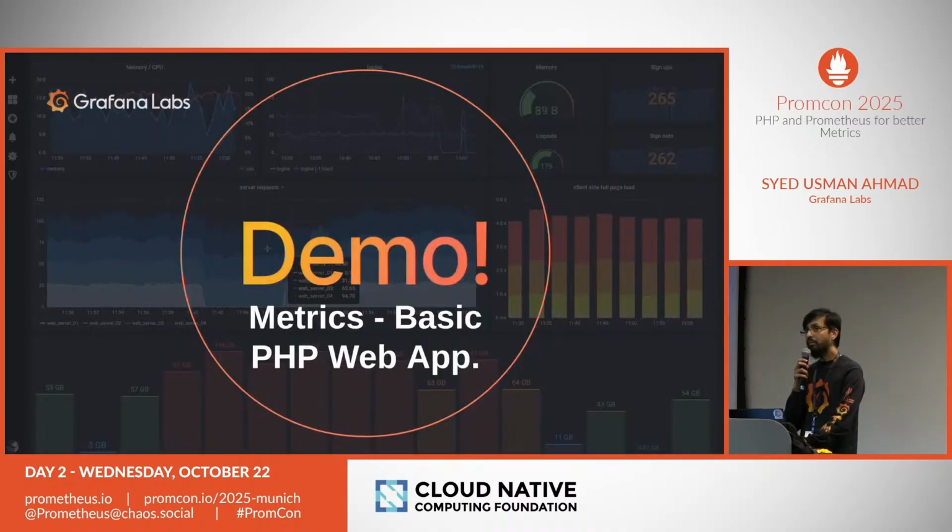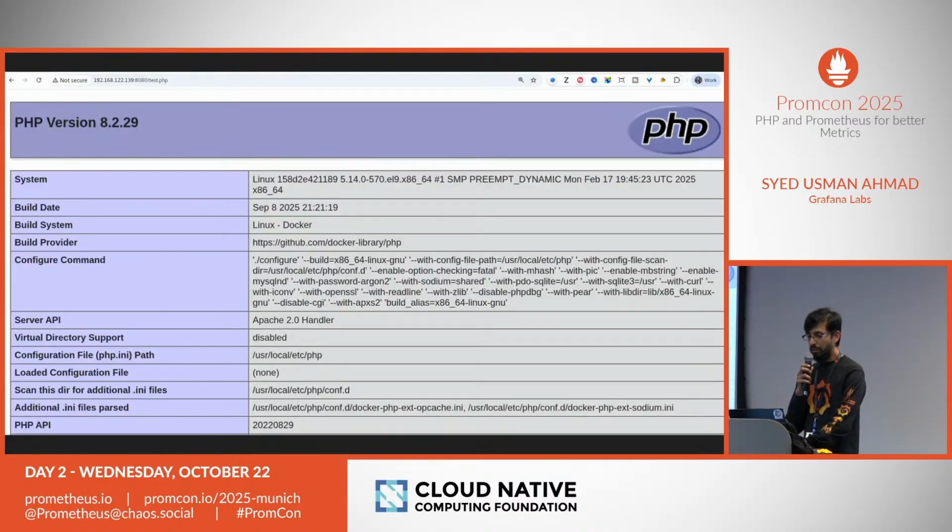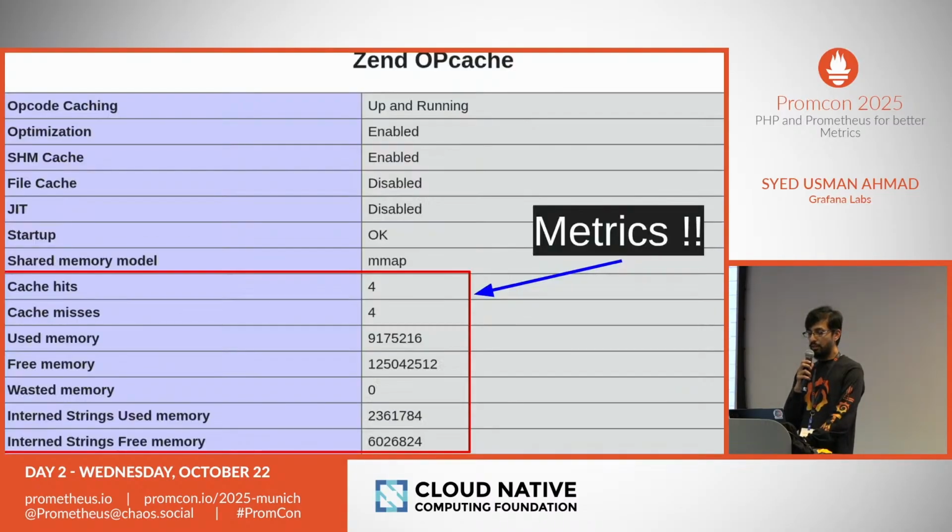So, a very quick demo. This is the page you see if you run phpinfo. It gives you all this data, and you can see a lot of information. But for me, the curious part was this part, because on the same page you can get all these metrics as well, and they are live.